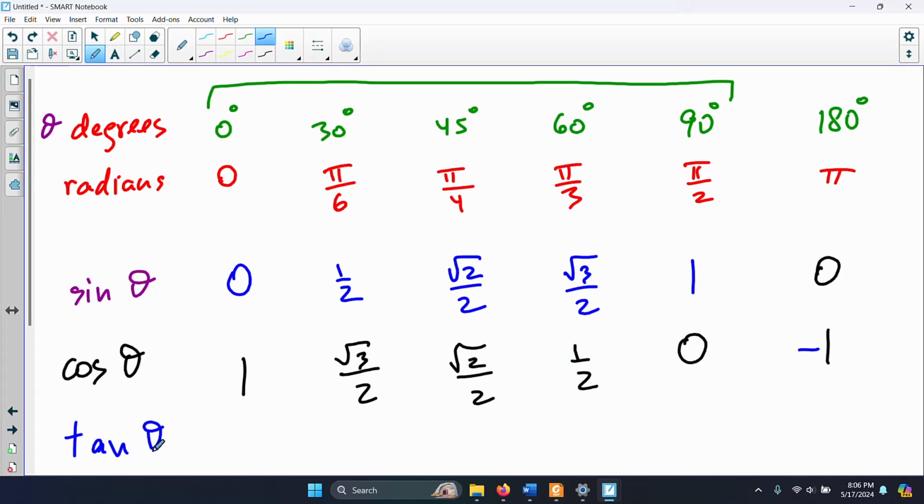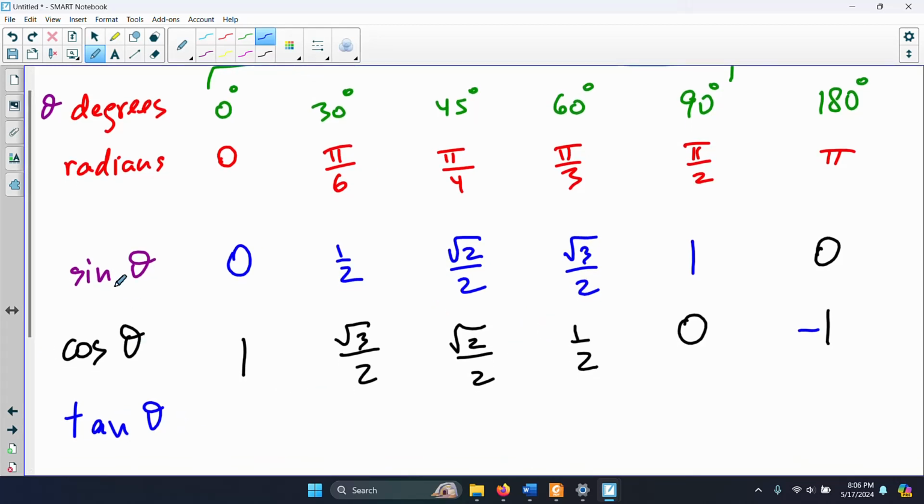I never memorize tangent values. Although I could, in my mind, I could picture them, but I really picture this table, and in my mind, what I say is, well, tangent is really sine values divided by cosine. So treat that as a ratio. So 0 divided by 1 is 0.